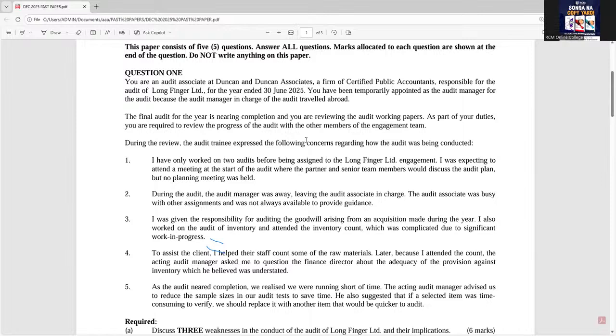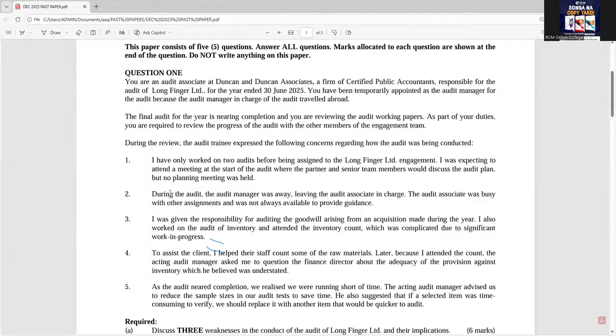Issue number 1: I have only worked on audits before being assigned to the Long Finger Limited engagement. I was expecting to attend a meeting at the start of the audit where the partner and senior team members would discuss the audit plan, but no planning meeting was held. So these are concerns raised by an audit trainee who's part of this engagement.